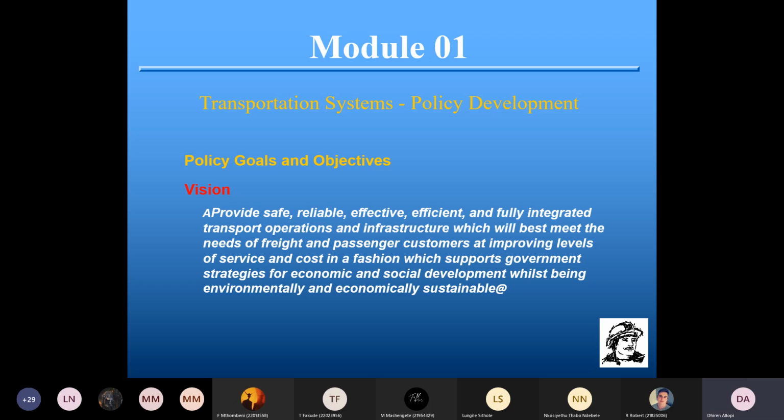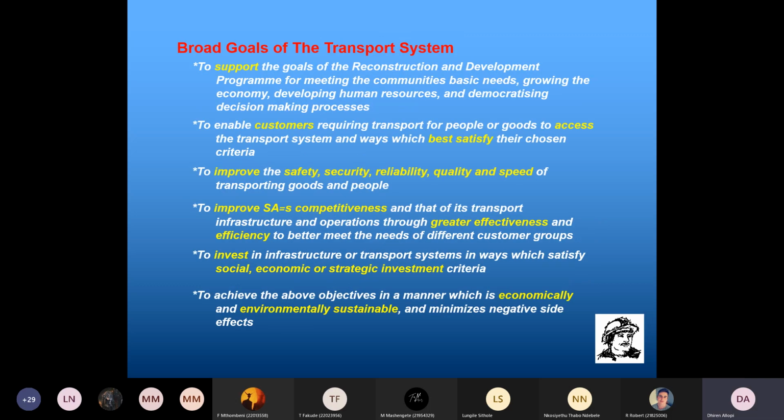fully integrated transport operations. So the broad goals of transport systems, and some of the keywords are highlighted there in yellow. You can see that firstly the goal is to support the RDP program, to enable customers to access the transport system, to best satisfy their needs, certainly improving safety, security, reliability.